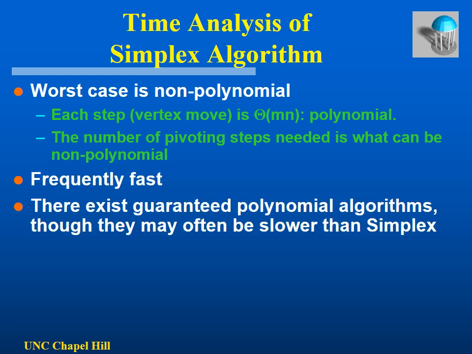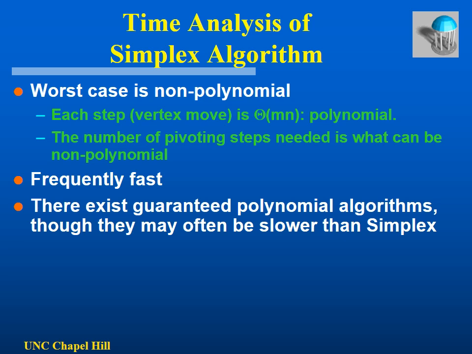We now attend to how fast the algorithm runs. Each vertex move for the simplex algorithm can be shown to be theta of the number of constraints times the number of optimization variables.